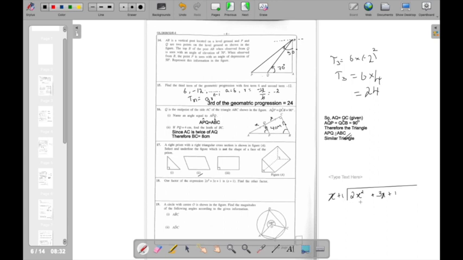To get 2x squared, you multiply x by 2x: 2x into x is equal to 2x squared. Then 2x into 1 is 2x, so you put it here.